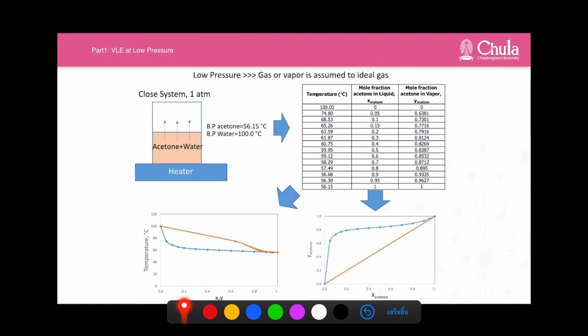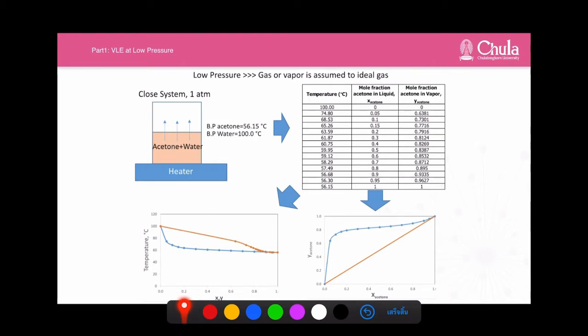We plot x and y here, and the relationship is shown as the blue line here. Note that the orange line is just imaginary.